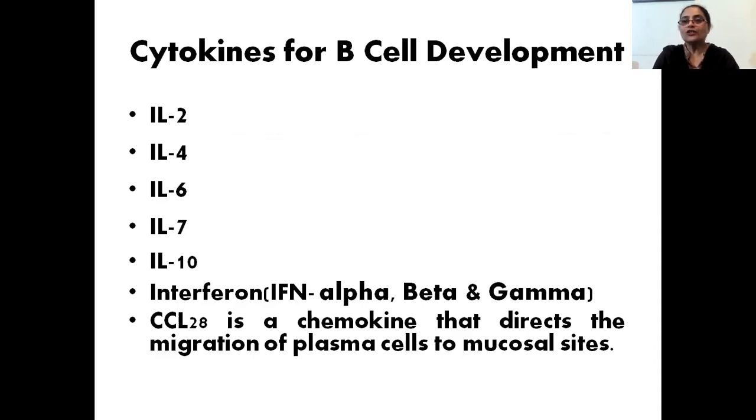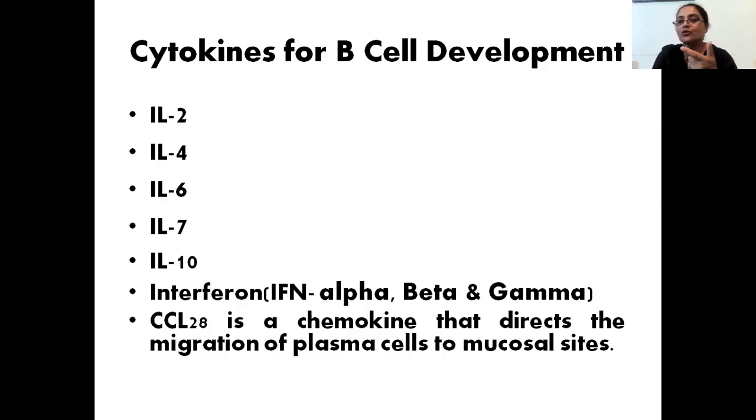Some more cytokines which play a role in development and proliferation of B cells are interleukin 2, interleukin 4, interleukin 6, interleukin 7, and interleukin 10. Interleukin is cell-to-cell talk between leukocytes. Interleukins were discovered earlier as talk between leukocytes, hence the word leukin is used.